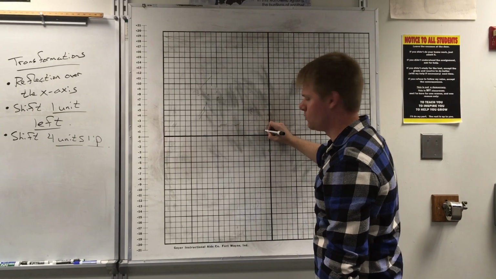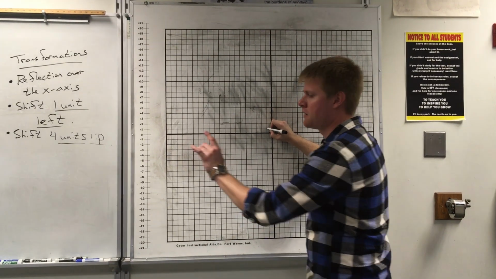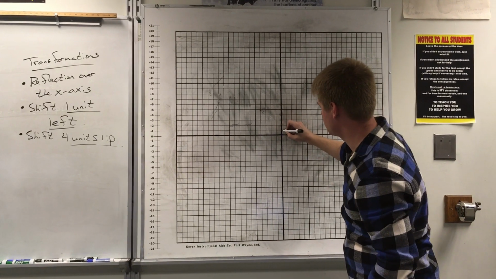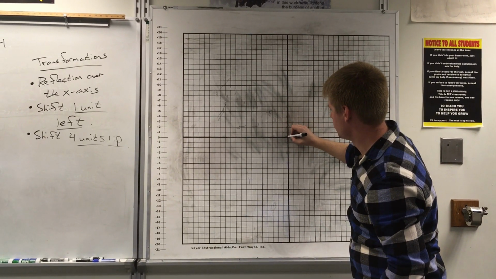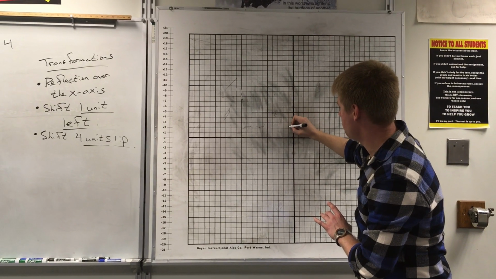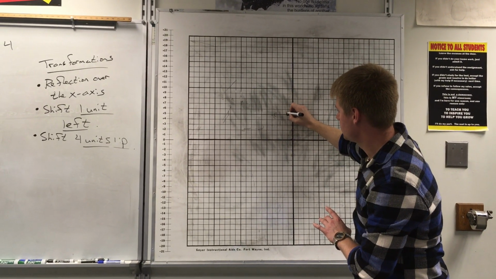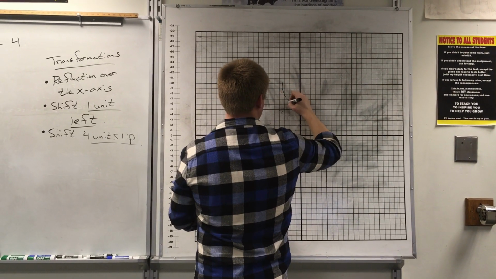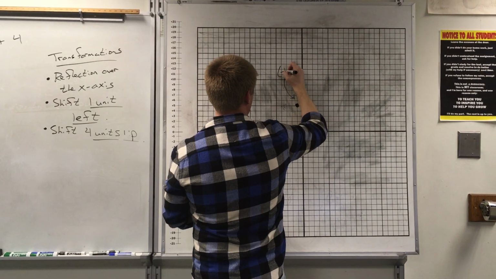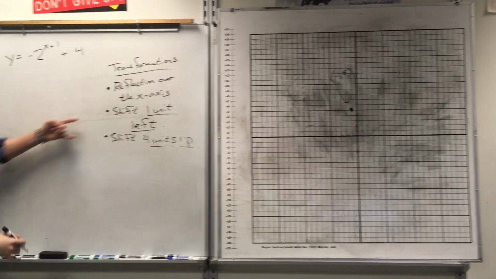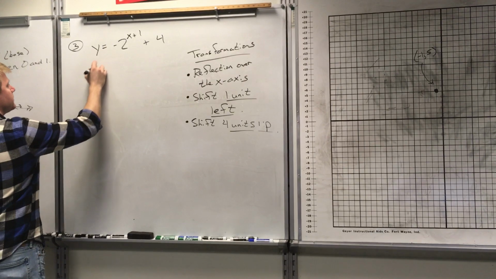So I'm going to go -1 in the x direction. But I must also shift that point 4 units up in the vertical direction. So instead of 0, 1, I'm now taking that point left 1 and then up 4 units. So here's my new anchor. It's -1, 5. Again, those are just the coordinates of the point after undergoing these shifts.